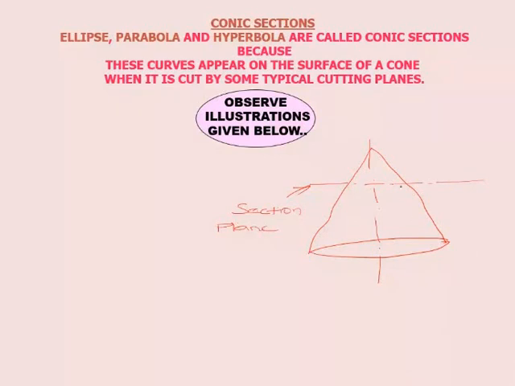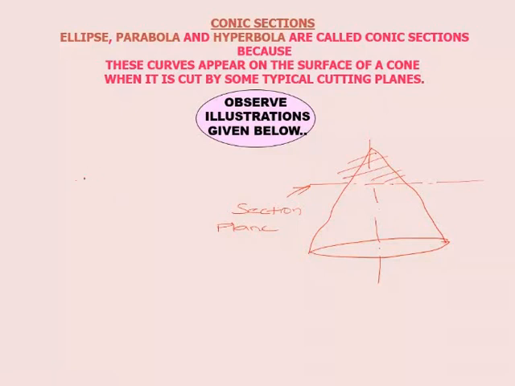If the section plane is exactly perpendicular to the axis, and I cut like this and remove this part, you will see a section here. What is the shape of that section? Any guess? Circle. Yeah, exactly. If you make it perpendicular, you will get a circle.